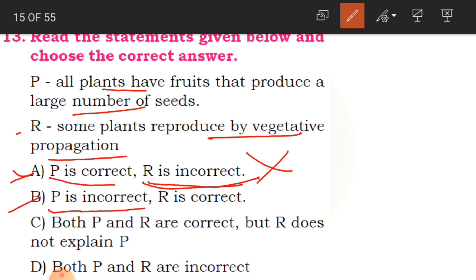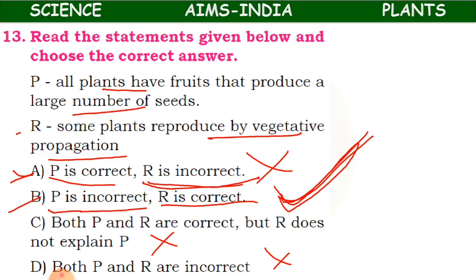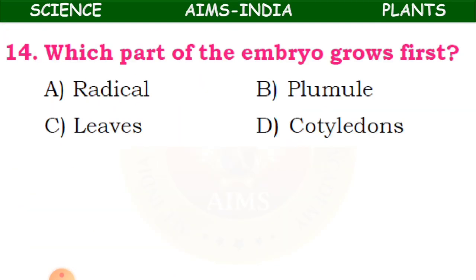P is incorrect, yes, because all plants cannot give us fruits and a large number of seeds. R is correct, yes, some plants reproduce by vegetative propagation. So that is why this option is the correct answer. The other two will become wrong. Clear children? Now we'll move on to the 14th question.